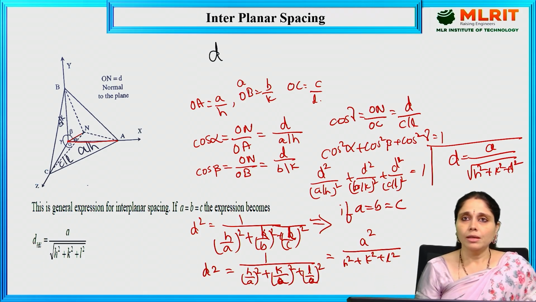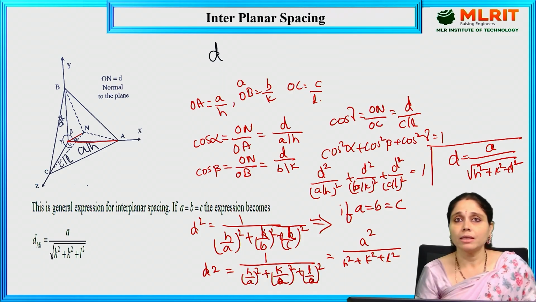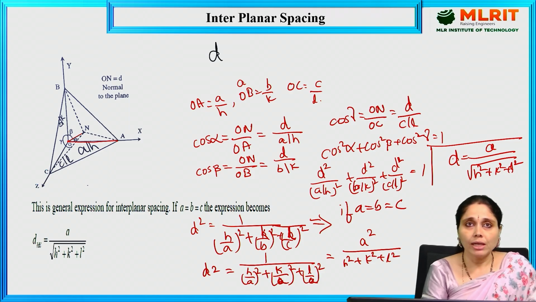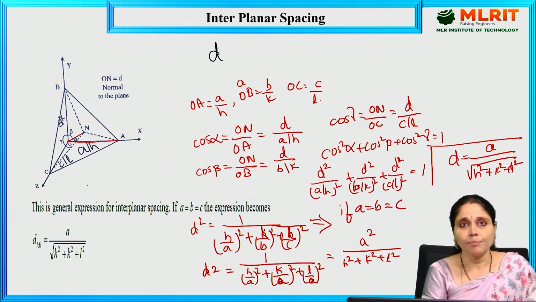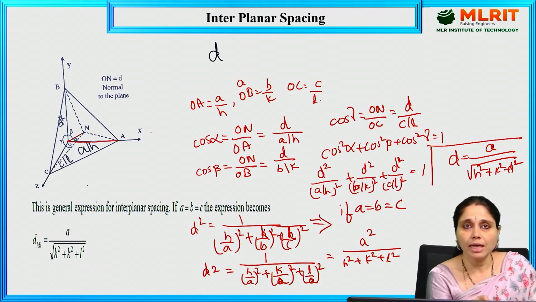Let us once again revise. In order to determine the interplanar spacing, we consider a plane which represents the Miller indices. Let us consider the x, y, z axes, and from these let us consider OA, the lattice space.